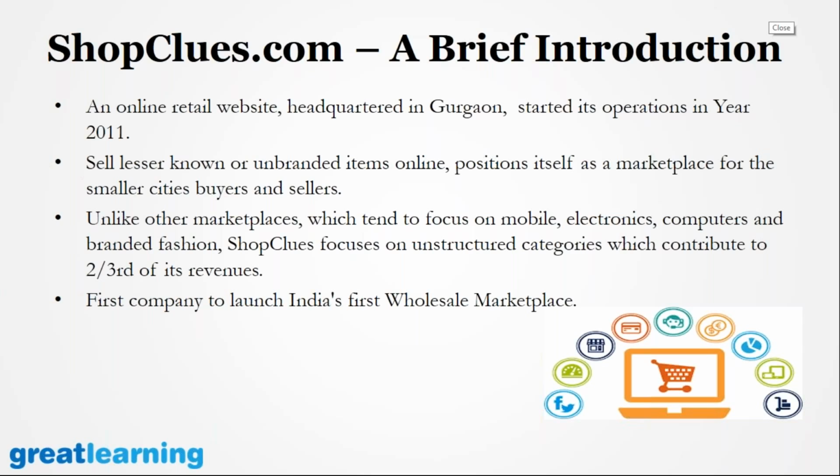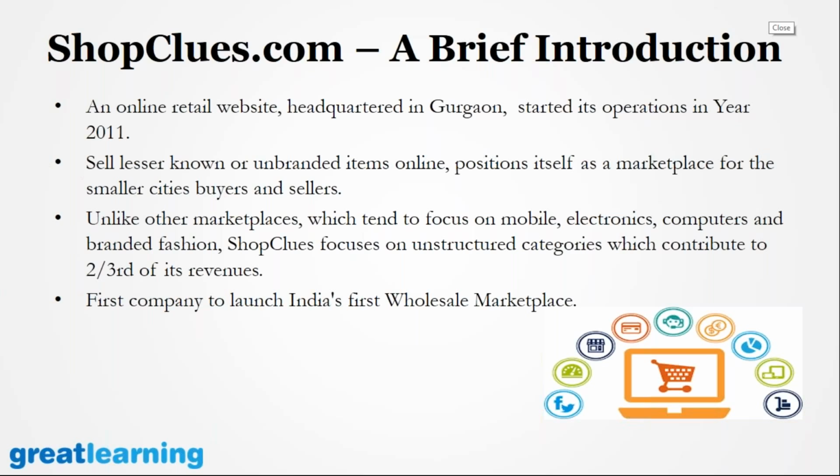An online retail website headquartered in Gurgaon, it started its operations in 2011, and they have been doing really well year over year. They sell lesser known or unbranded items online. That's the USP for this particular company. It positions itself as a marketplace for smaller city buyers and sellers.